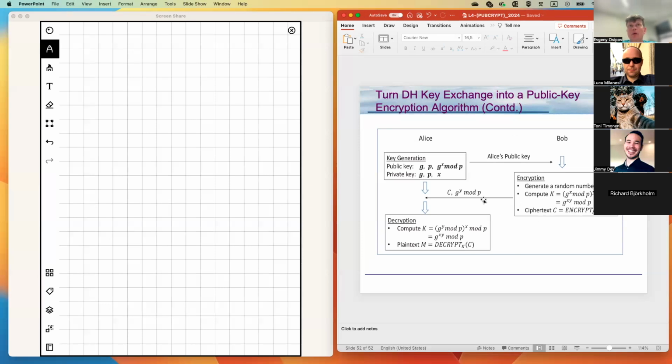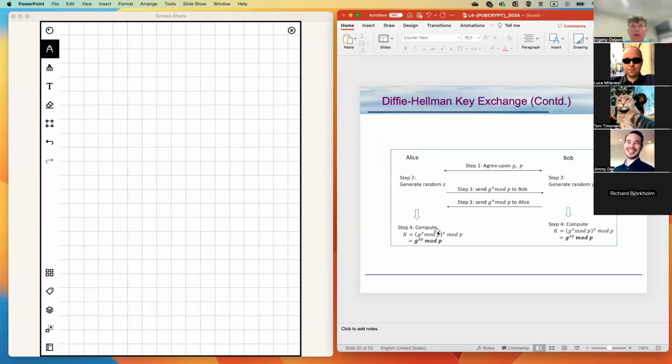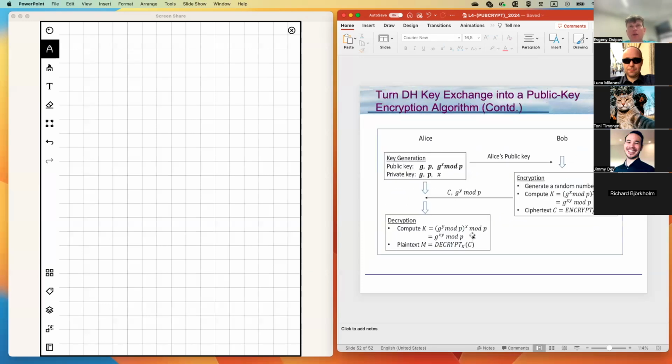So what you communicate is the crypto text and the portion and the number which will help Alice to compute the key. So the key computation, as you see here and here, is the same. So it's just two different modes of operation.